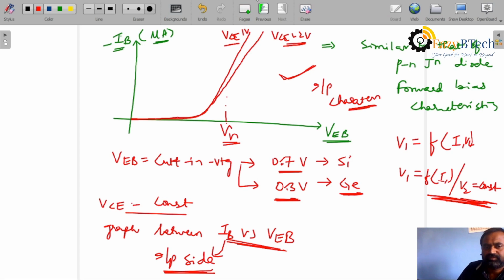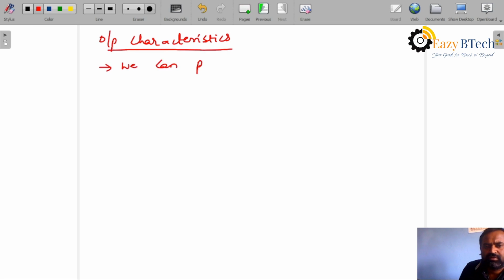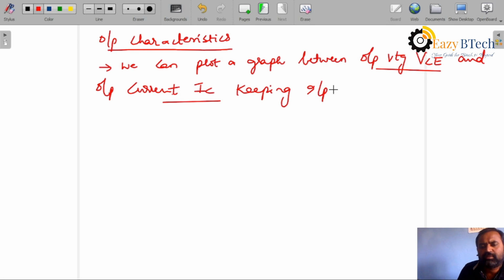Similarly, for the output characteristics we can plot a graph between output voltage VCE and output current IC, keeping input current constant.